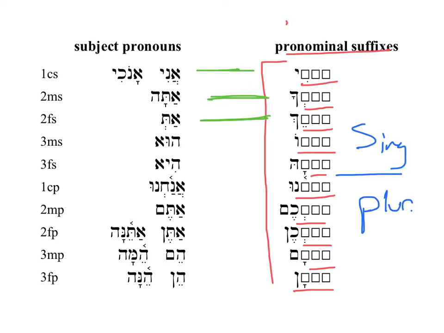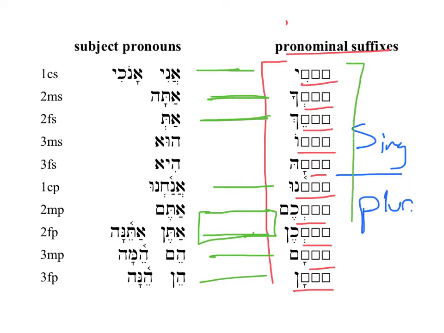Not quite as much similarity here with the third person singular, but some, but you can see nachnu and nu, and then you have the mem and nun ending similarities for the second person plural and the third person plural, also some similarities as well. So in other words, become familiar as soon as you can with these pronominal suffixes, and that will complement what you already know from the subject pronouns.